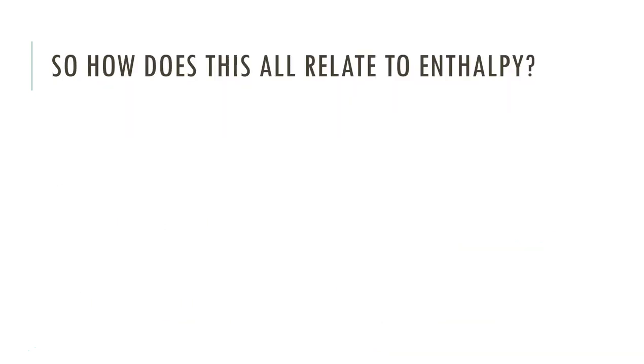So what I want you to think about is how this relates to enthalpy. Okay, we said that enthalpy, or delta H, had the units of kilojoules per mole of substance.